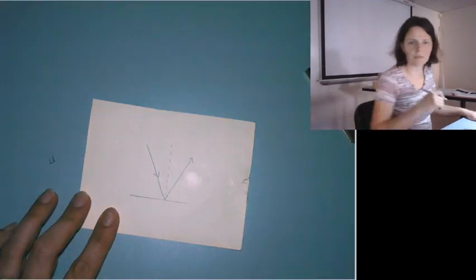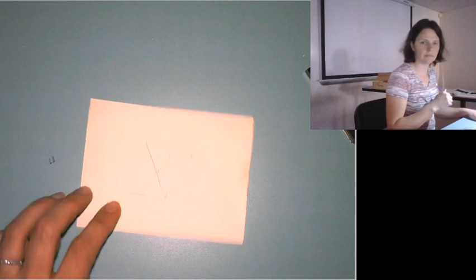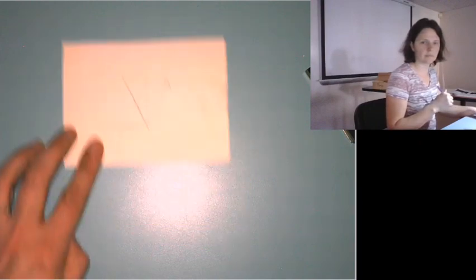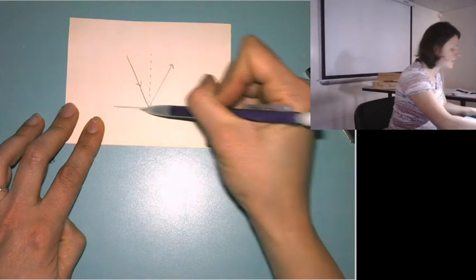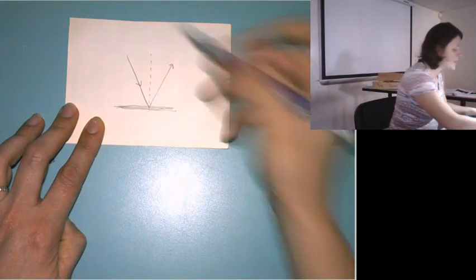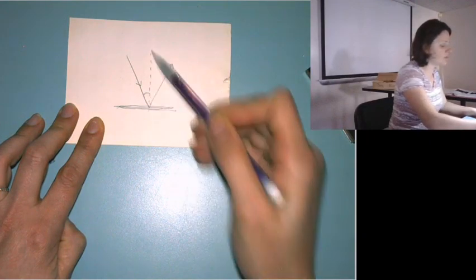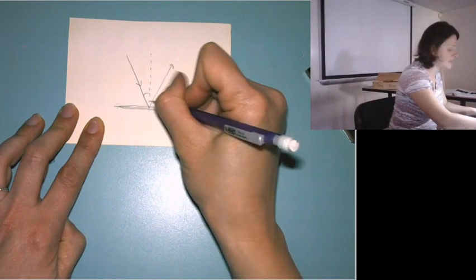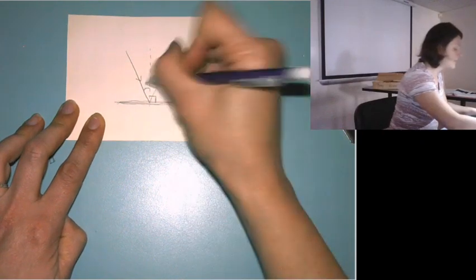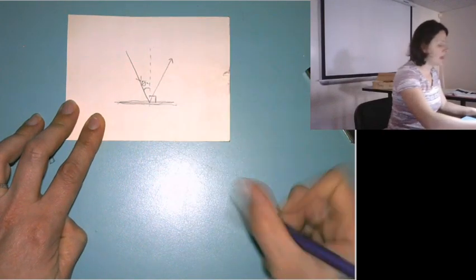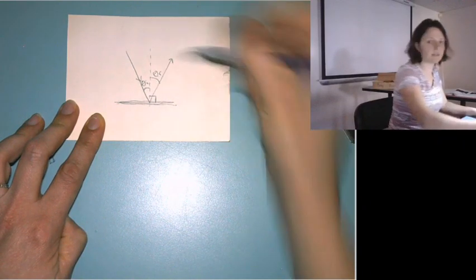This is what the plane of the mirror was at. And this angle right here, which is the angle that we measure relative to a normal line, so this dashed line is perpendicular out from the surface of the mirror, is the angle of incidence. And this angle right here is the angle of reflection.